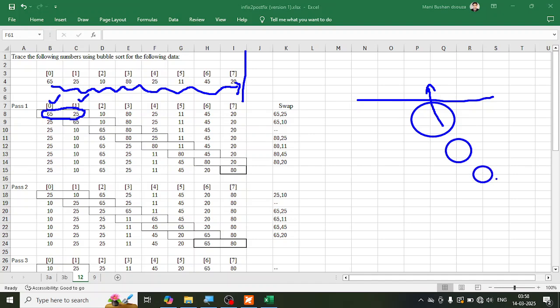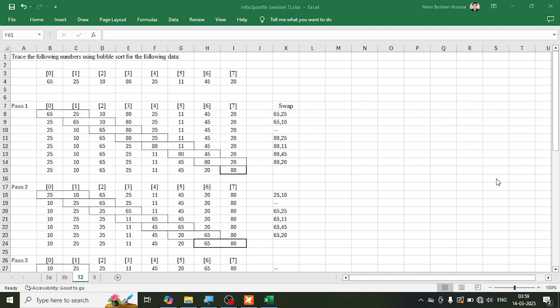The same thing is true in the case of the numbers over here. So let's start with the bubble sort. We have the first two elements. Let us compare 65 with 25.